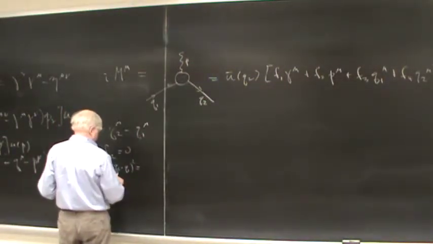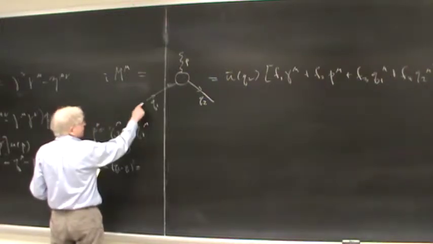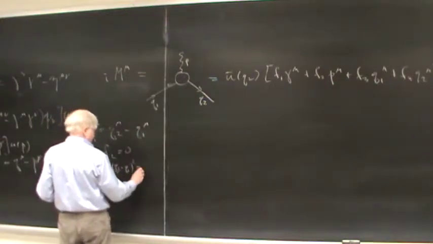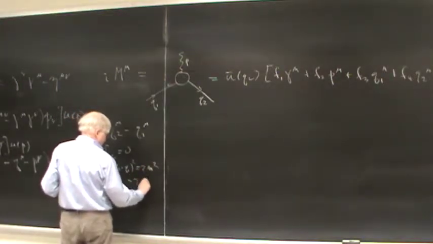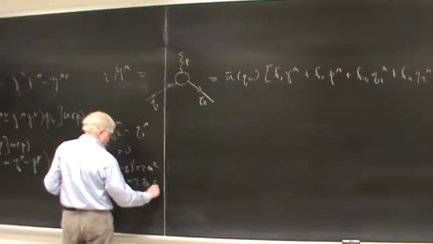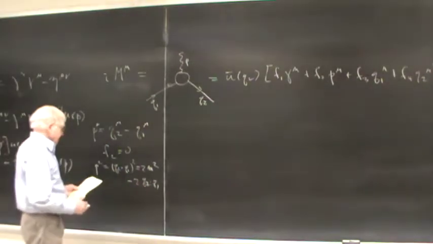Q1 and Q2 are on the mass shell, so this is 2m squared minus 2 q2 dot q1.